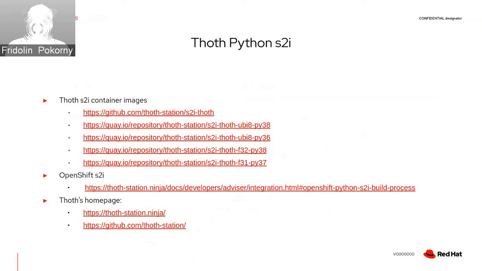If you wish to use these container images in a build process, you can follow the demo that I showed you, or you can follow the documentation present in our ThothStation organization in the integration section.